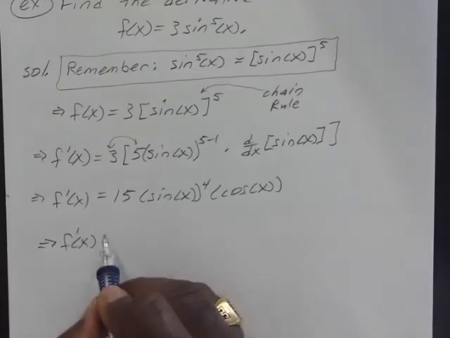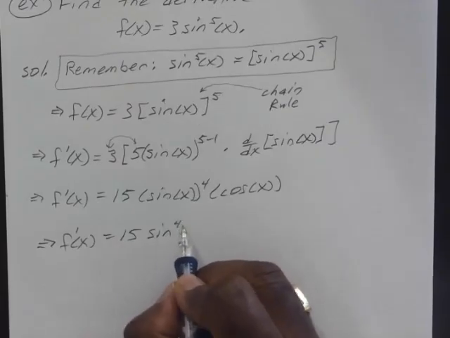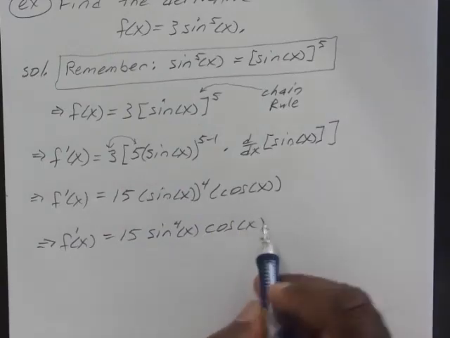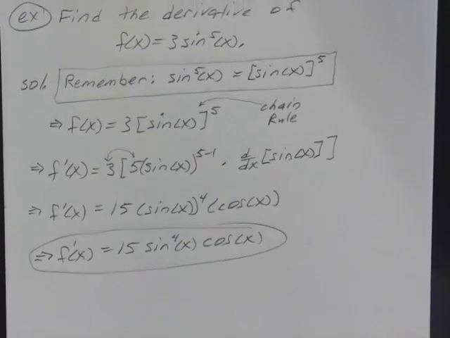So f prime of x is equal to 15 times the 4th power sine of x times cosine of x. All right. Are there any questions on that one?